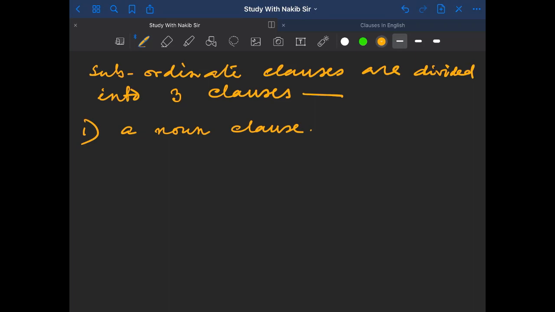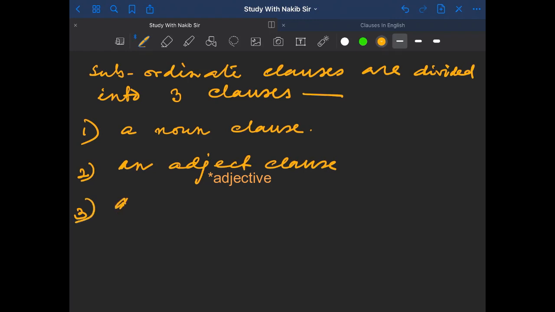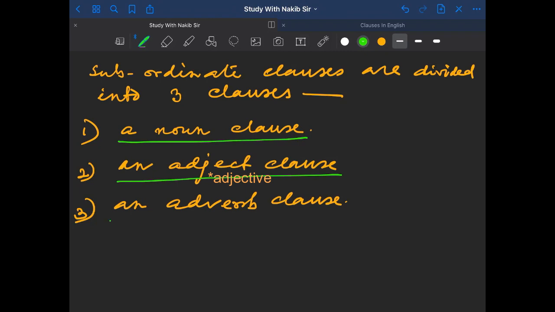Number one, a noun clause. Number two, an adjective clause. Number three, an adverb clause.